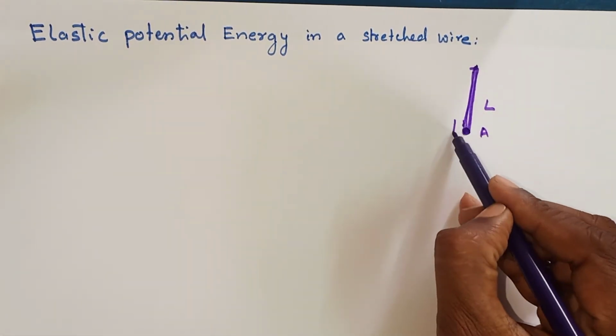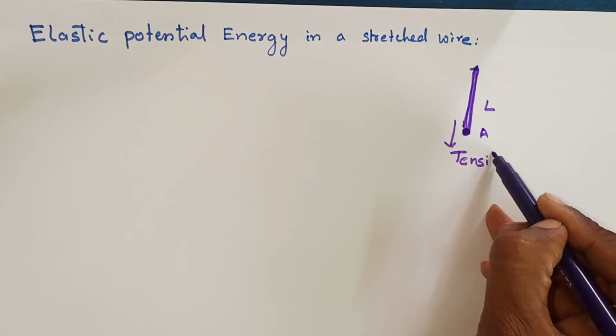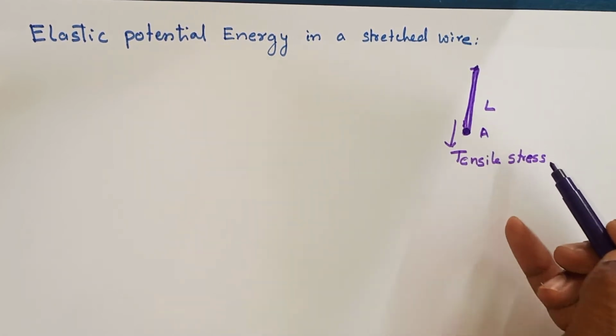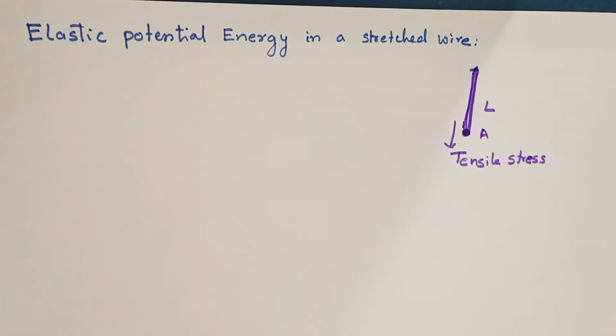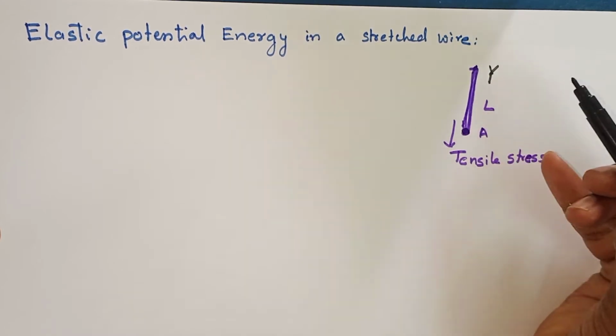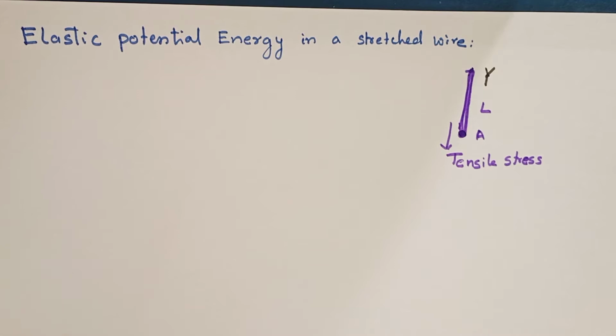So when you apply a tensile stress, you know very well what is meant by tensile stress. It is used to stretch the body or wire. The Young's modulus of the wire, made up of steel or copper, whatever it is, is Y, right?